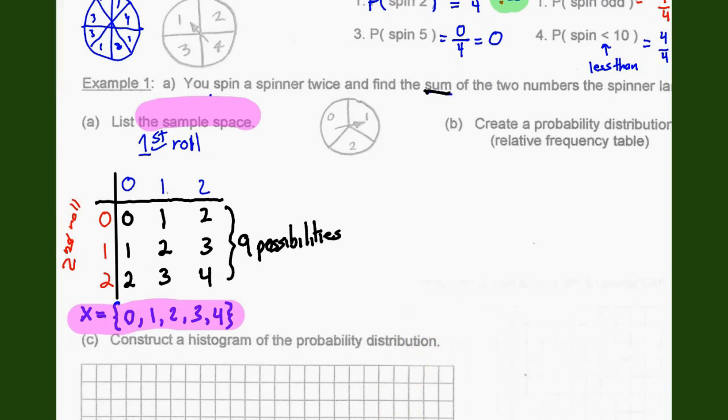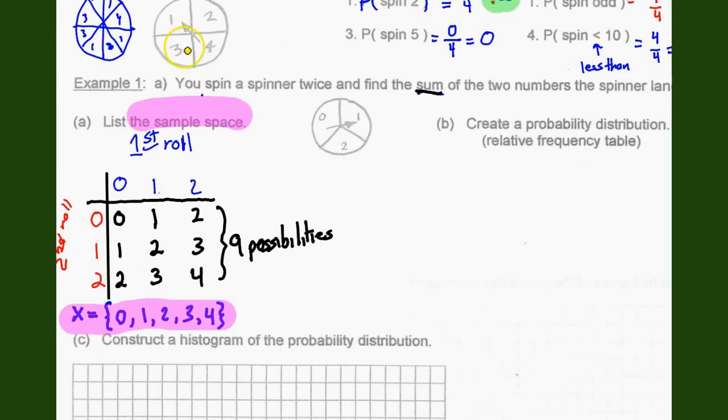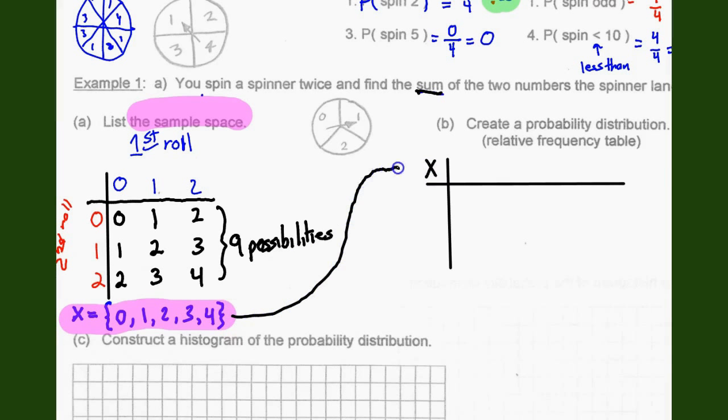Now we're going to create a probability distribution or a relative frequency table for each of these. I'll show you what that means. We're doing a lot of tables here. Okay. And basically, we take all these, put them on the top row with some space.